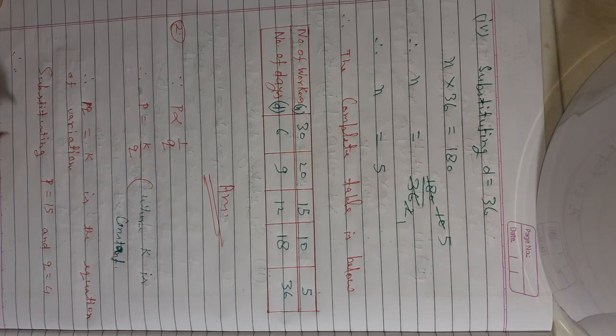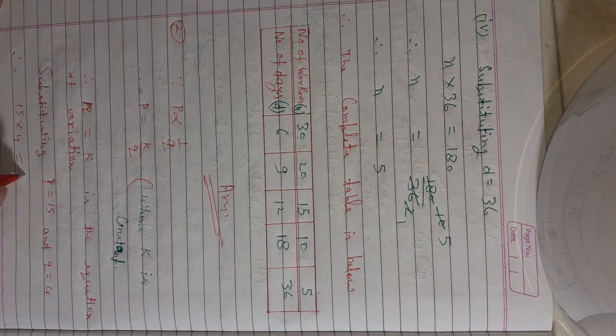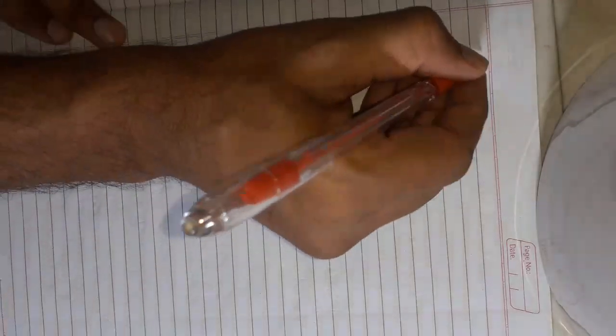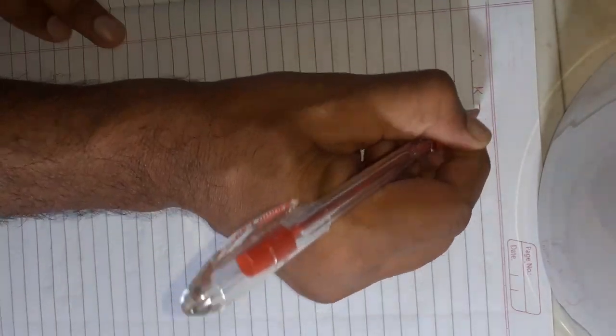Therefore pq is equal to k, so 15 into 4 is equal to k. Therefore k is equal to 60.